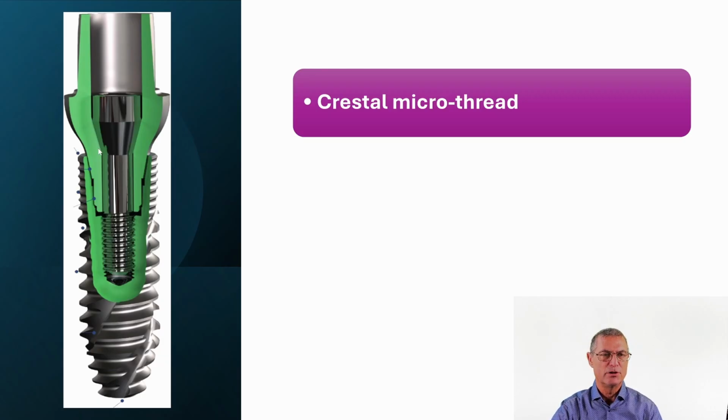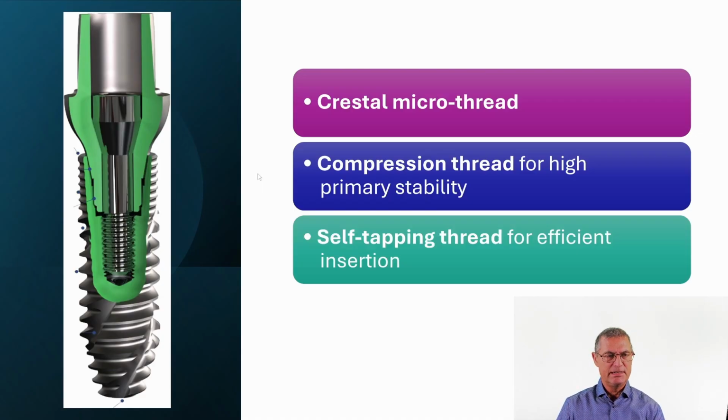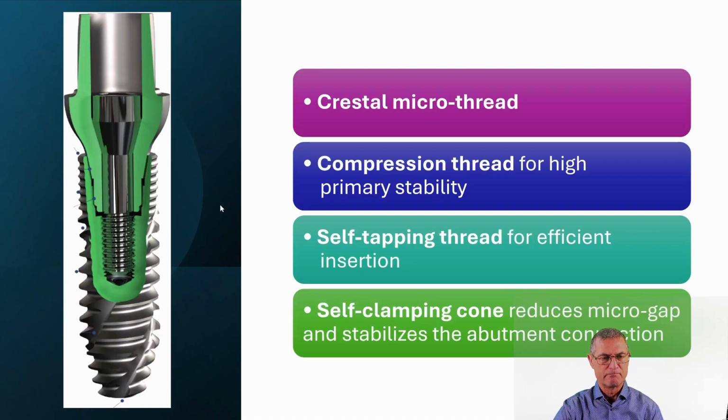Then these micro threads will not give too much pressure on this bone, so you will not see necrosis there. But of course, you need primary stability. So in the middle part, you have a compression thread for primary stability, and at the apex there is a part with a self-tapping thread for efficient insertion, what you will see later on in the video too.